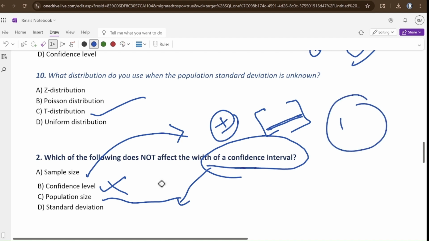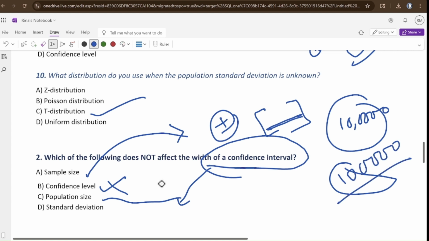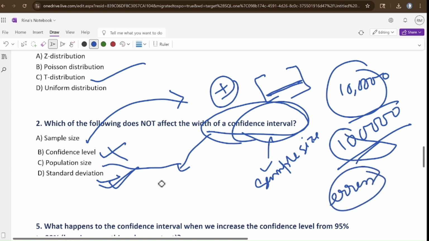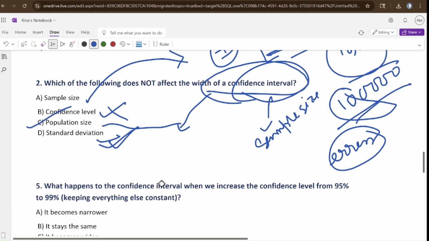See, your population is 10,000 or your population is 10 million. Does it really matter? No, it doesn't matter, because you are calculating this from the sample only. So your sample size matters a lot. Next is standard deviation. Yeah, that also affects. Standard deviation means the error, right? So it also matters. So what doesn't matter is population size.